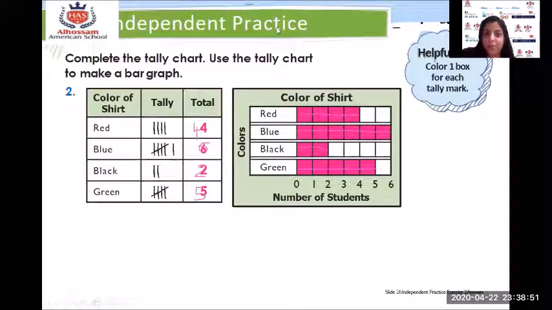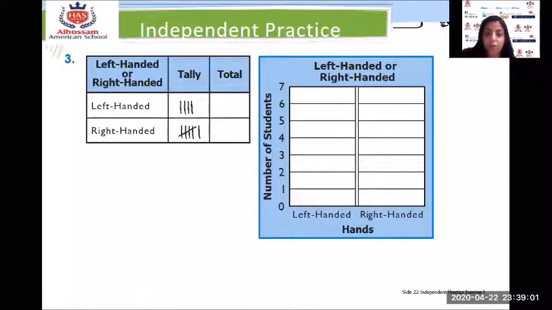So now, let's see what we have next. All right. Who can tell me, is this a horizontal or vertical bar graph? Of course, this is a vertical bar graph.